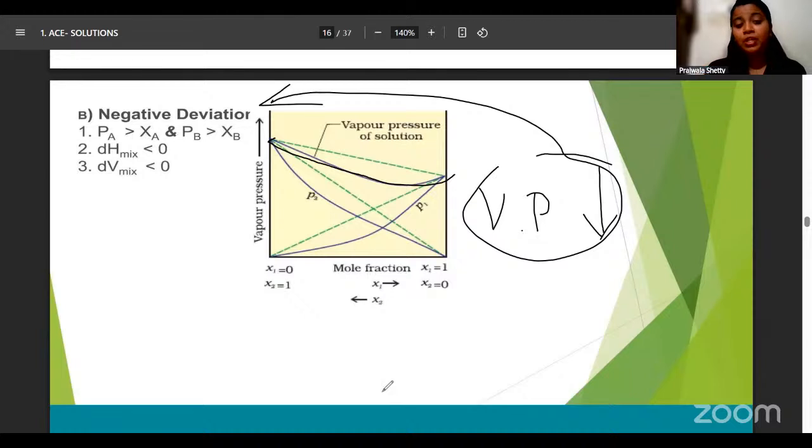If vapor pressure is higher than the predicted Raoult's law, it is called positive deviation. Again, in enthalpy of mixing of pure components, there it was greater than 0, so it was positive deviation. Here it should be less than 0, that is the reason it is negative deviation. Also, the volume of mixing is less than 0. All right.